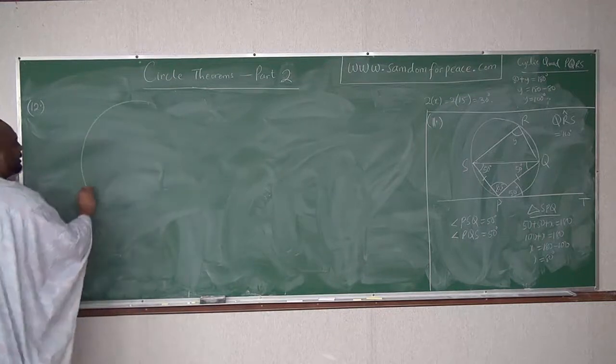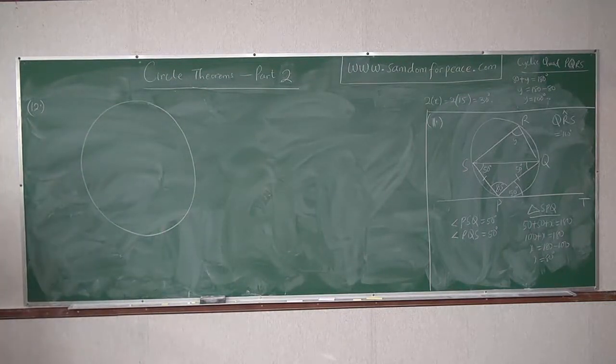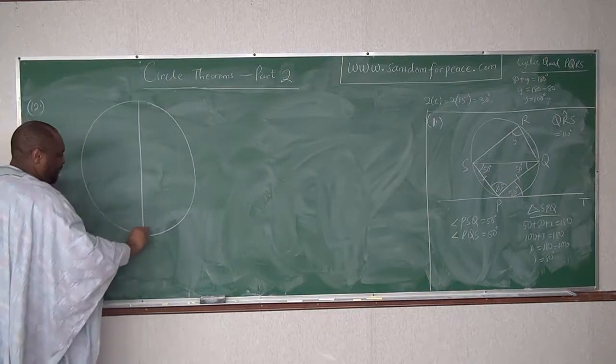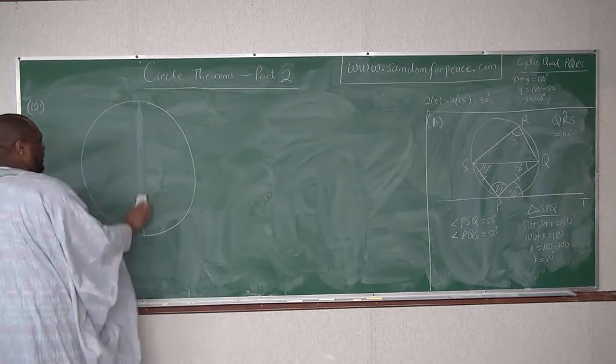So we have a circle. We have the center. We have a semicircle.